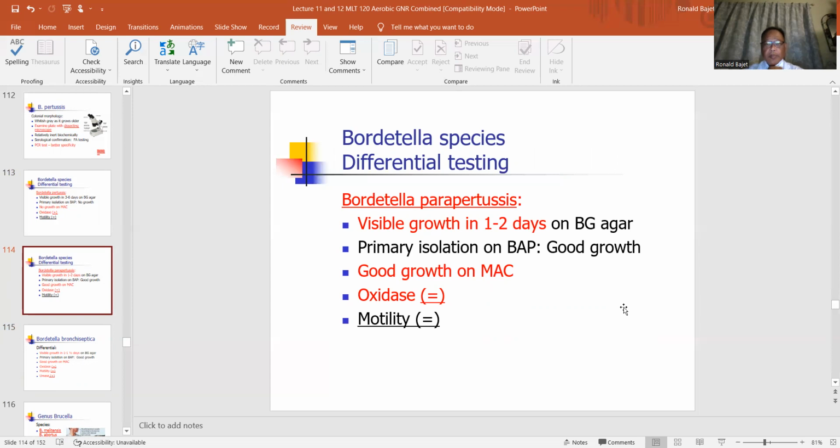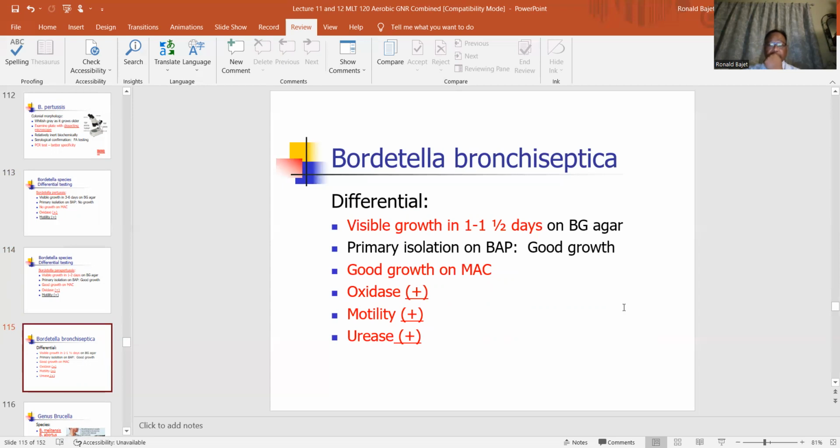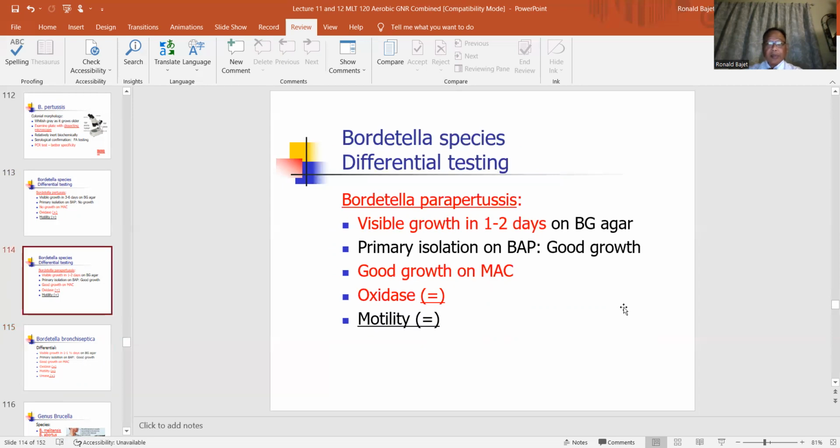Again, you're going to be putting this on BG agar, just as if you're going to rule out Bordetella pertussis. Visible growth comes sooner, in 1 to 1.5 days. Good growth on MacConkey, and it's oxidase positive, motility positive, and urease positive. This is Bronchiseptica now, not parapertussis.